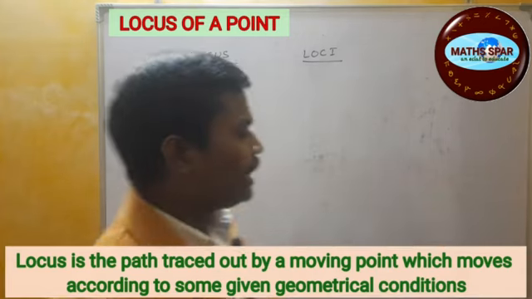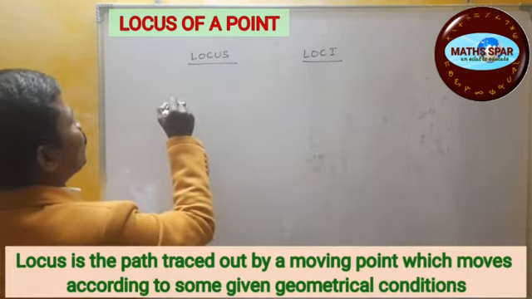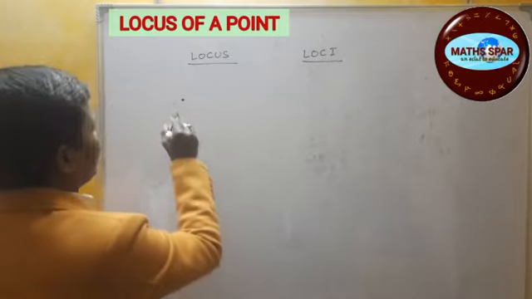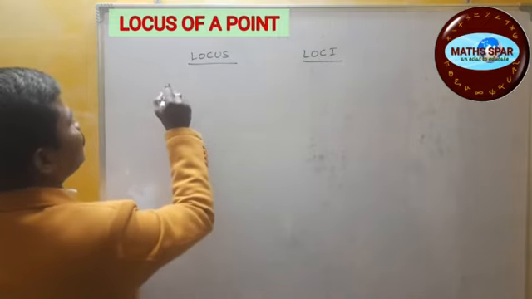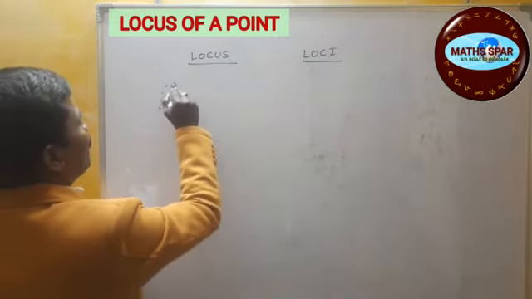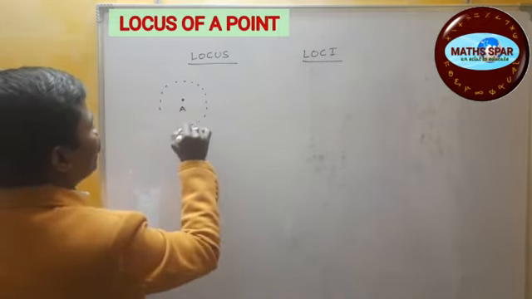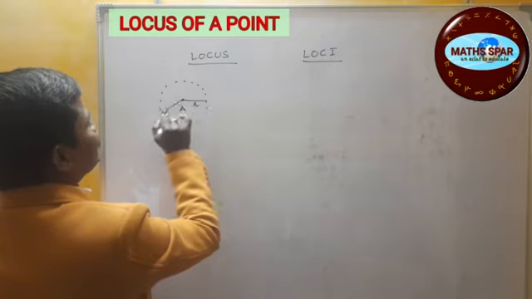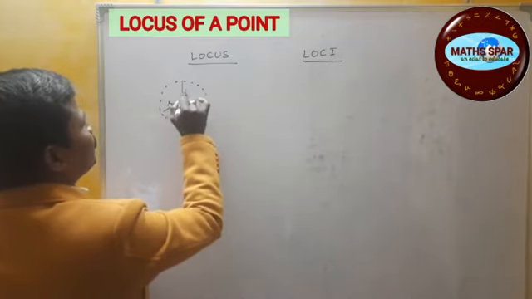How? Suppose the locus of a point for a fixed point A is the path around it sweeping equal distance, like a radius.